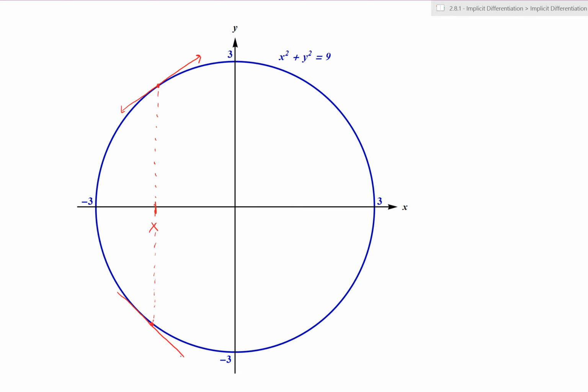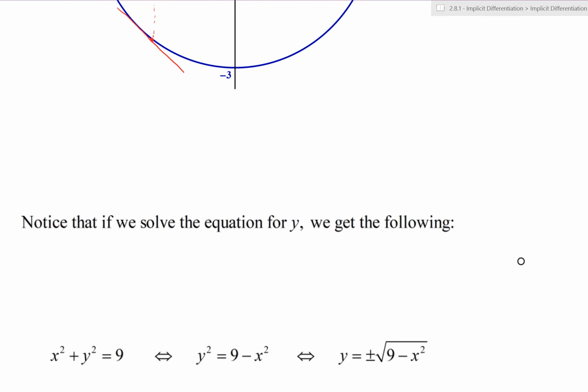And so that's what we're going to focus on in this video, is how to approach a situation like this and why this method of what we're going to call implicit differentiation is going to be a nice tool to allow us to do exactly what we're asked to do. So let's keep going.